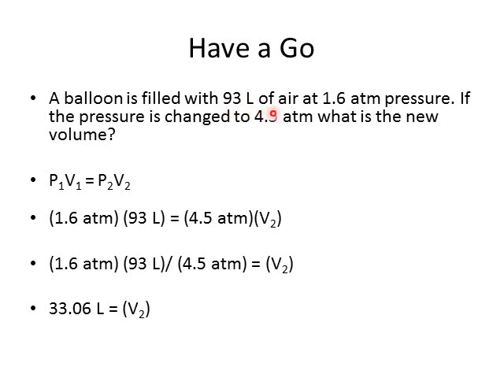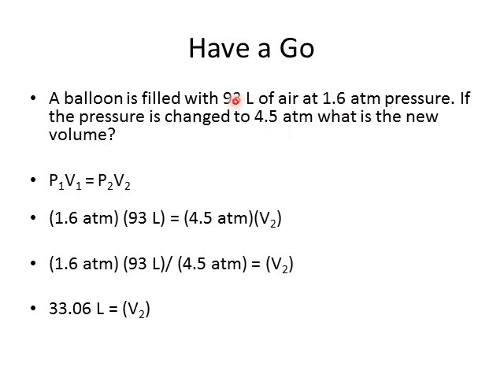93 litres at 1.6 atmospheres. Litres is my volume, atmospheres is my pressure. So 93 at 1.6 indicates that these two are a pair. So you could call them P1V1, or you could call them P2V2. It doesn't matter as long as you recognize they're a pair.